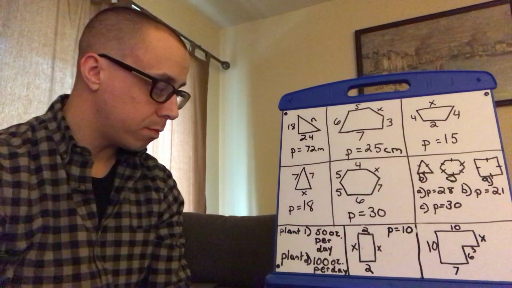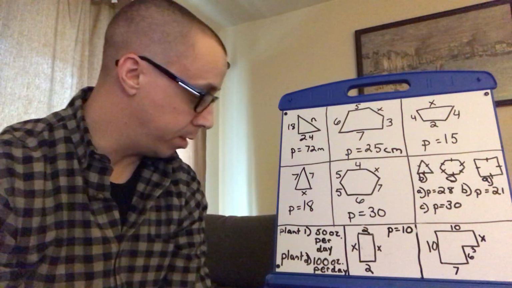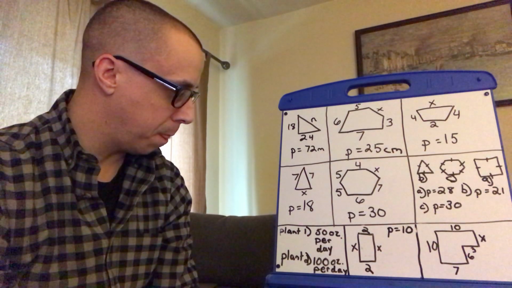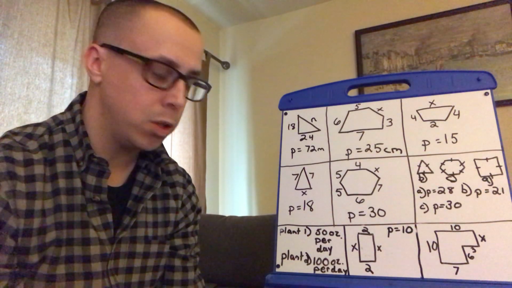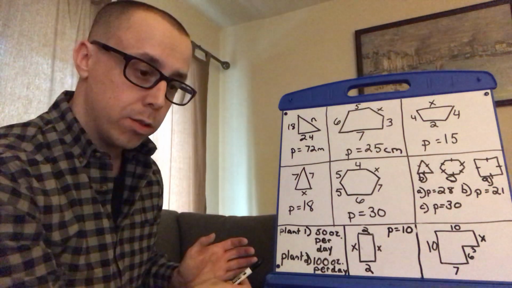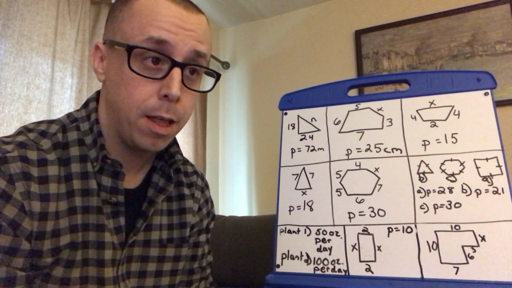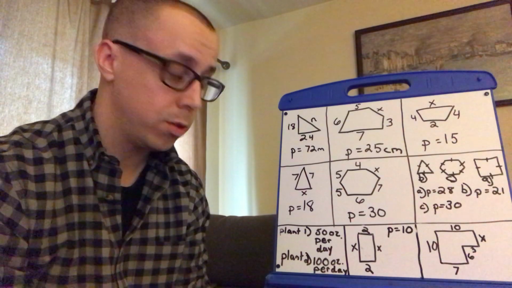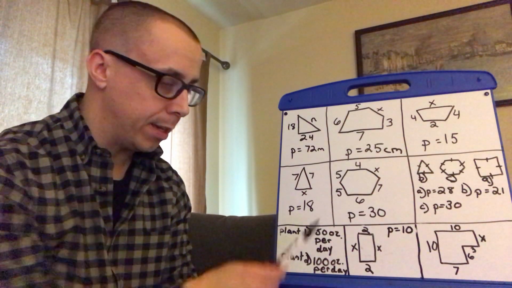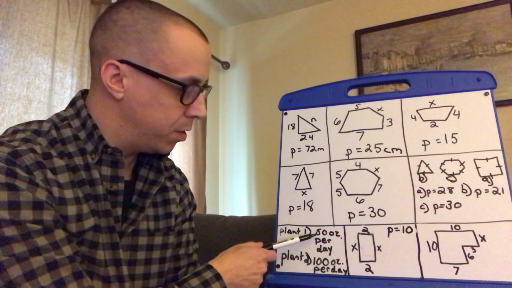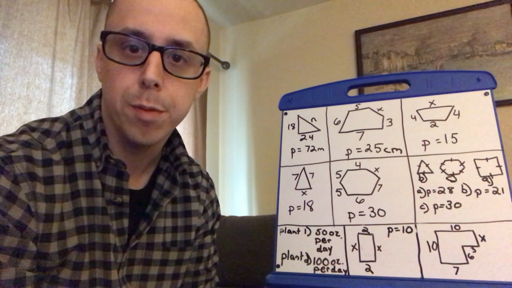Down here, there's going to be a word problem today where they're going to give you two plants. They're going to say that somebody is watering 2 different plants each day. In one of the plants, they're giving, these are different numbers, but in this case, 50 ounces of water per day.